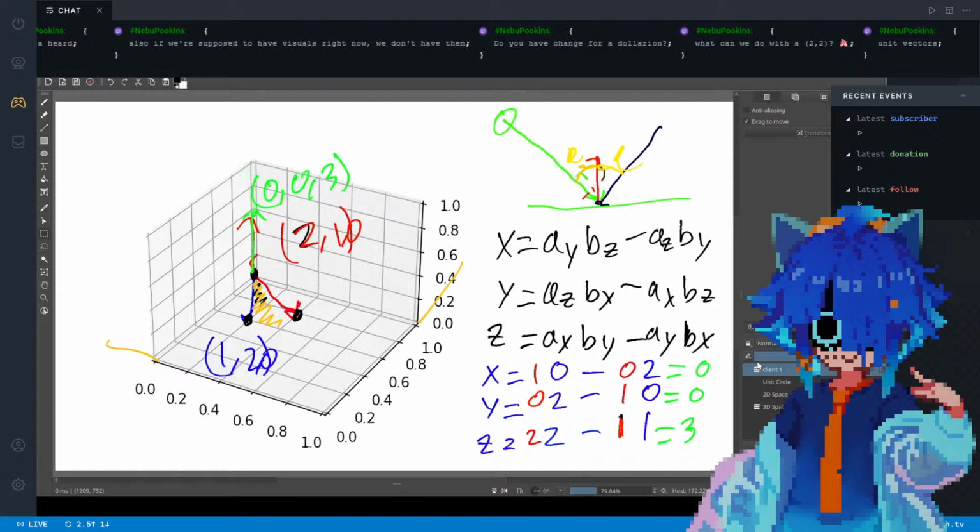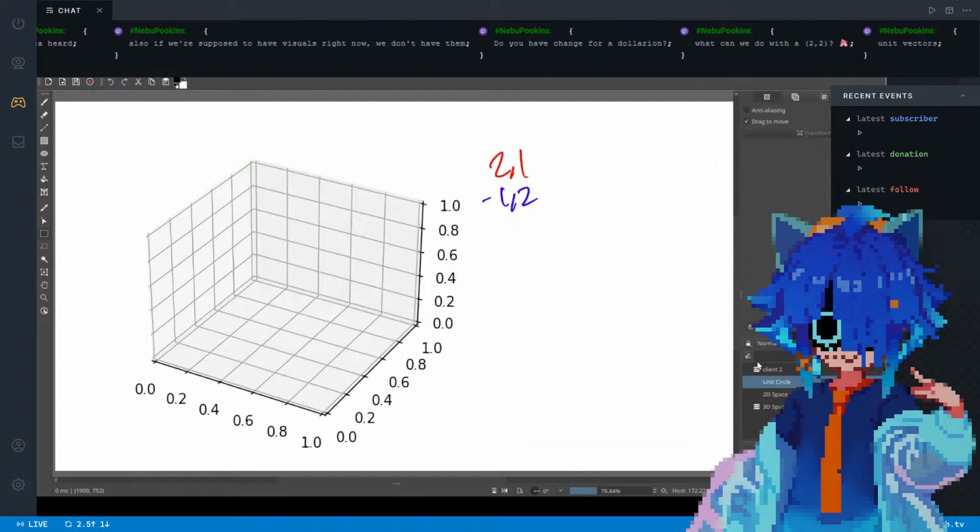Turns out that the length of this vector has a bit of an interesting property, which we'll talk about over in 2D space. So let's note down these vectors. They were 2, 1, and 1, 2. So now let's shift back over to 2D.